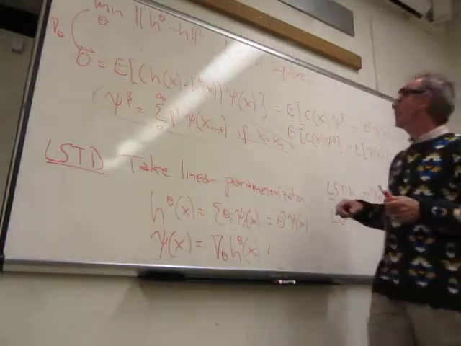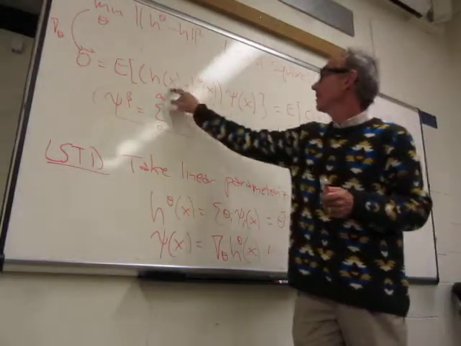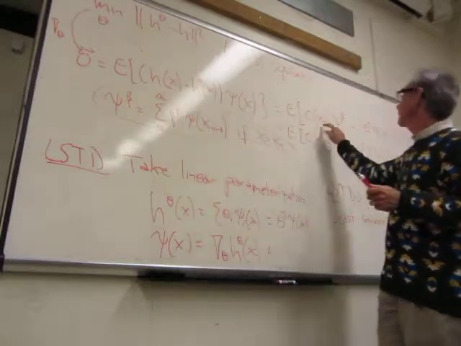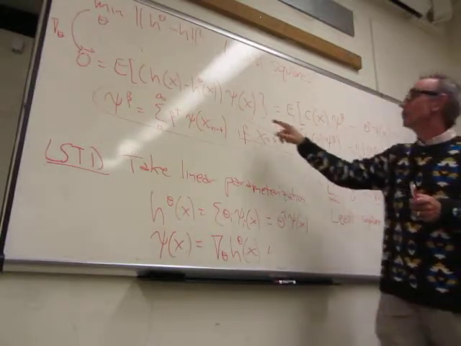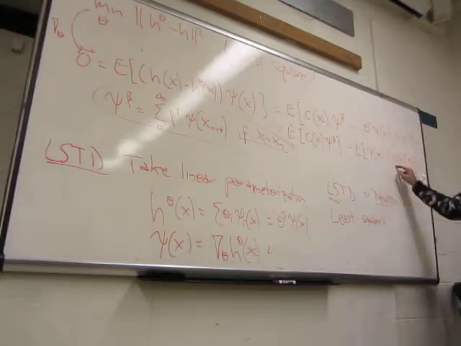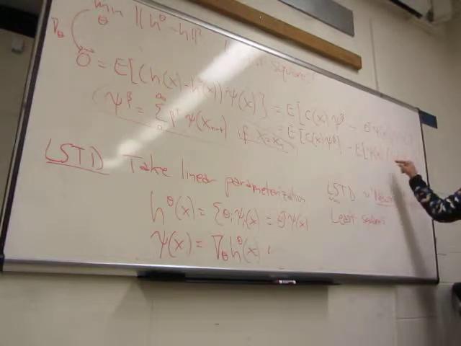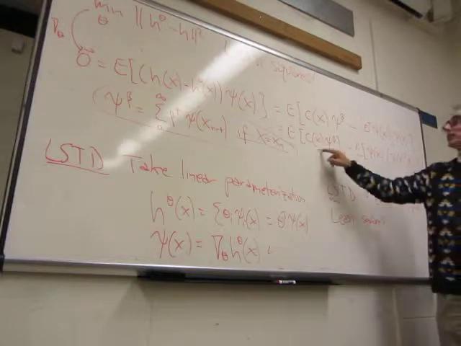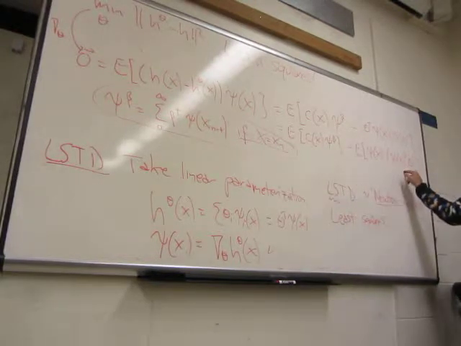So I said that the expectation of this product I've already said is equal to that. Now why would I do all this shuffling around here? Well, it's because that's a matrix times theta. That's just some vector. That's a matrix times theta.